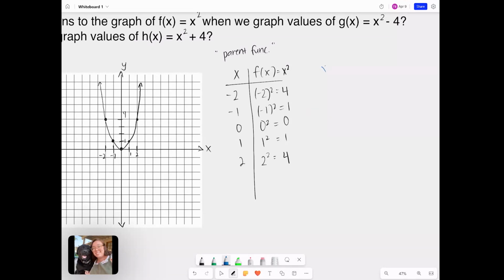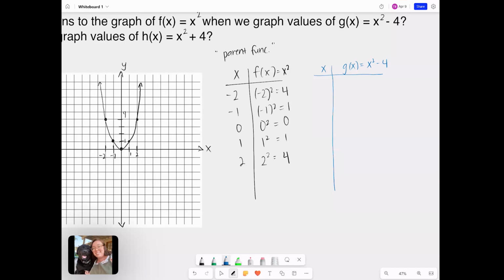If I have x and I have g of x equals x squared minus 4, and I realize this should be g. What do we have? I'm going to start with the same numbers, the -2, -1, 0, 1, 2, and see if it gives me enough of a picture.